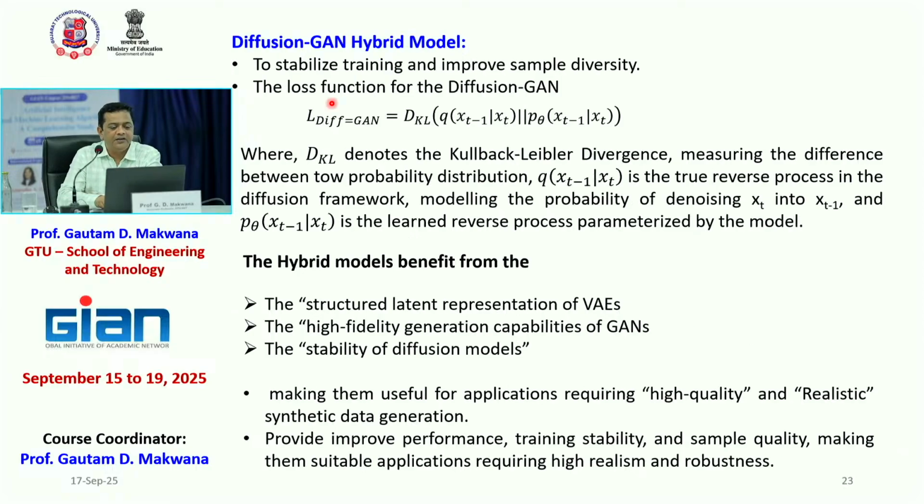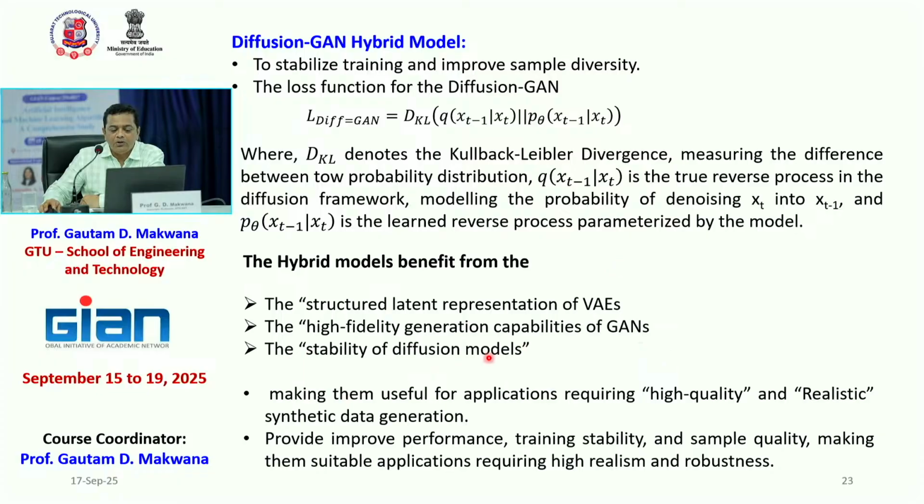Okay, and this is your diffusion GAN hybrid model. The idea is to stabilize the training and improve the sample diversity. The hybrid model benefits from the structured latent representation of the VAE, the high fidelity generation capability of the GAN, and the stability of the diffusion model.